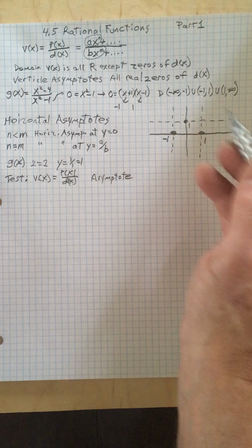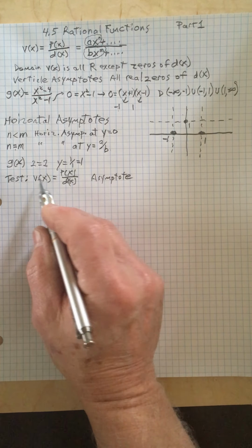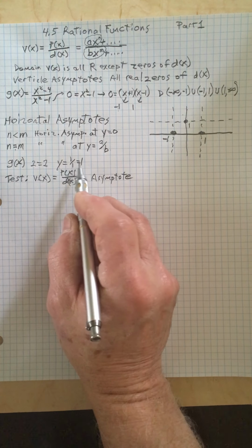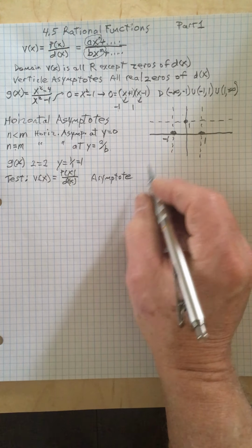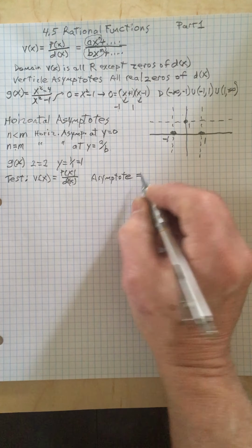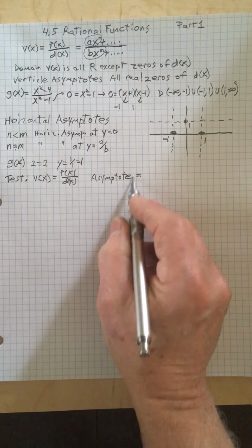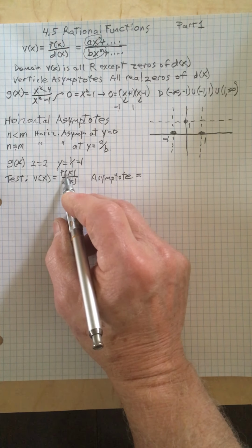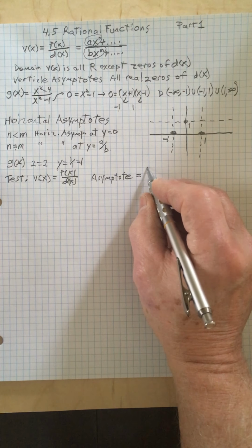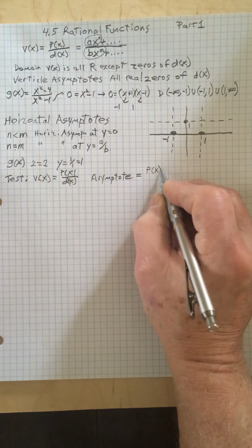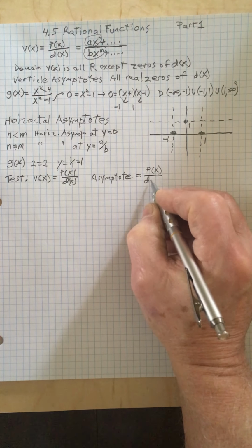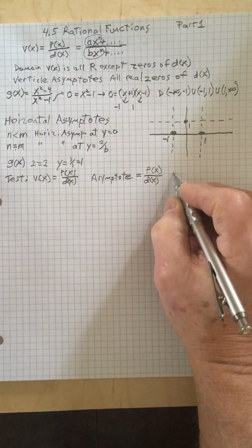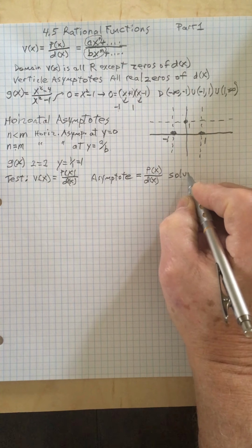In our case, in a minute, we're going to try this test, and our asymptote is 1, so we would have a 1 here. So set the function equal to the asymptote, and then you have your regular polynomials here. And then what you want to do is solve for x.